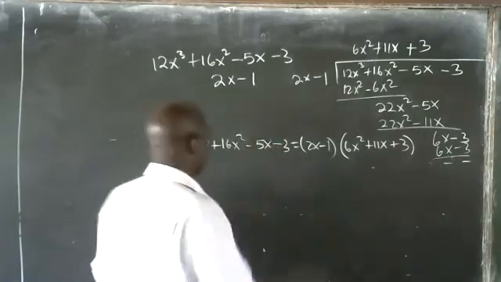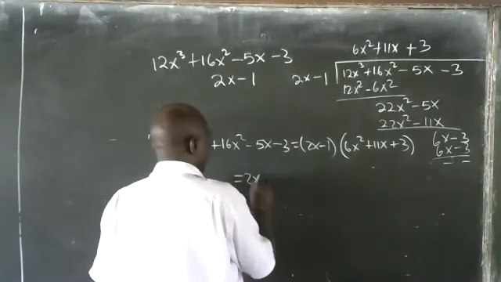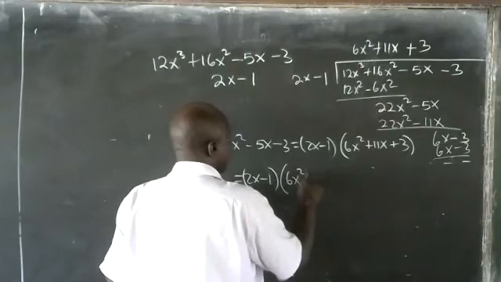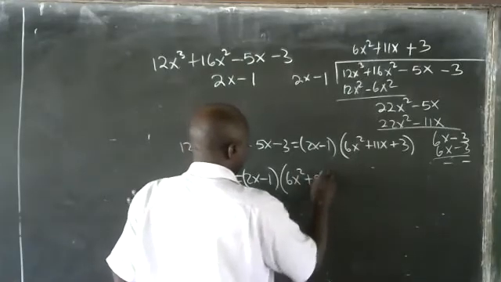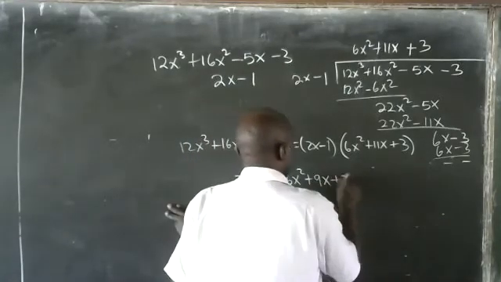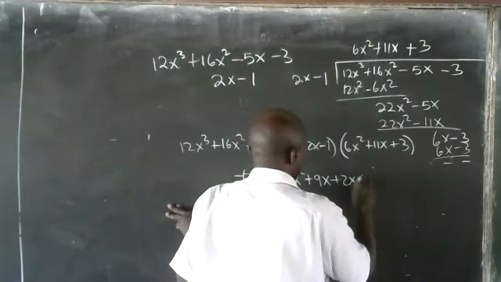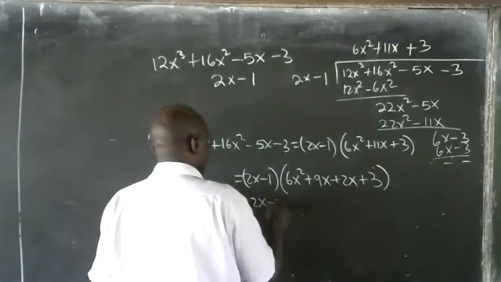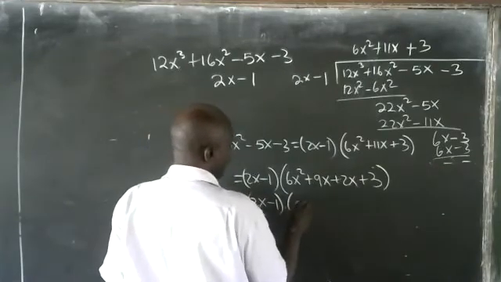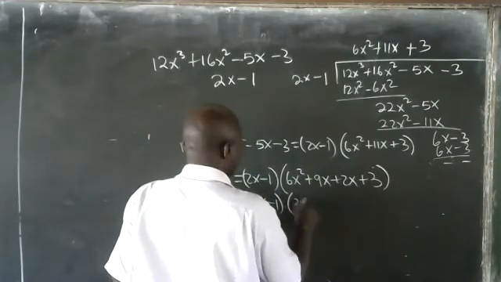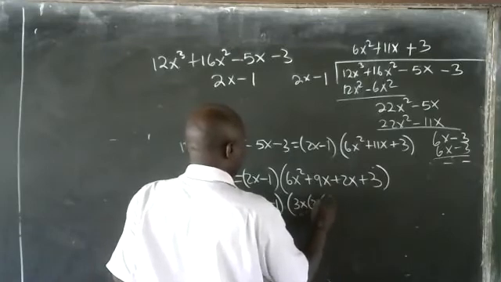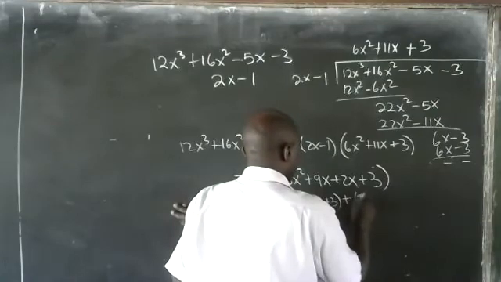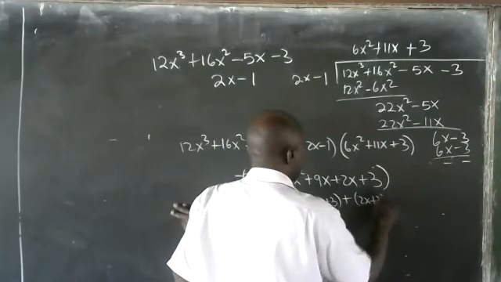Then we shall say this is equal now to 2x minus 1 into 6x squared plus 9x plus 2x plus 3. We pull out 3x, so we have 3x into 2x plus 3, plus 2x plus 3.